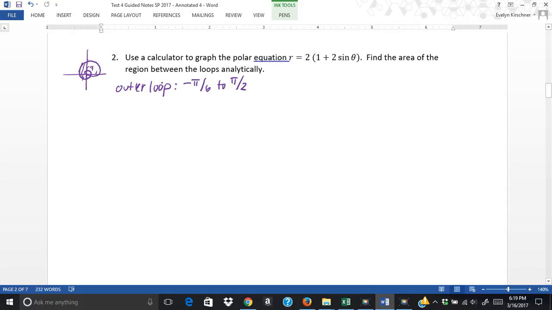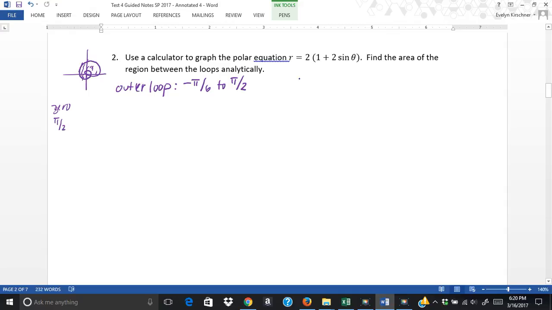Think about it: when is r 0? It's 0 when sine is negative 1/2, which is negative pi over 6. And the maximum is up here when theta is pi over 2, because that's where it hits.